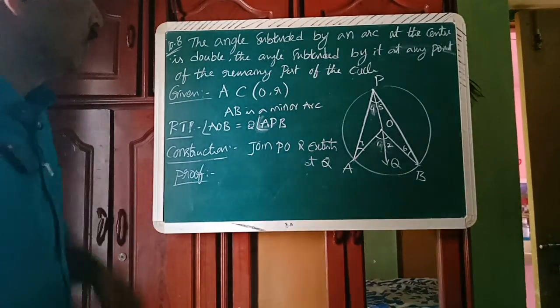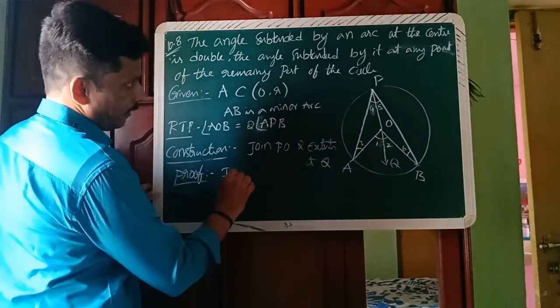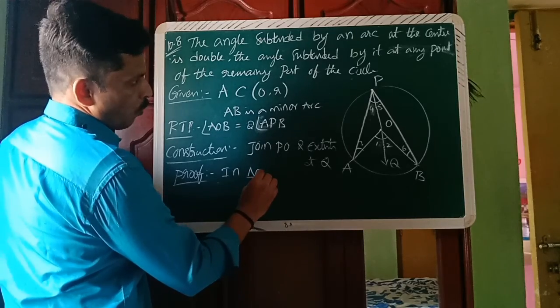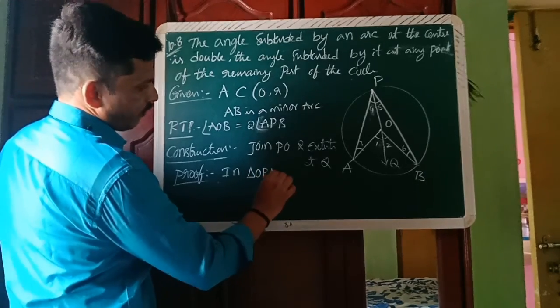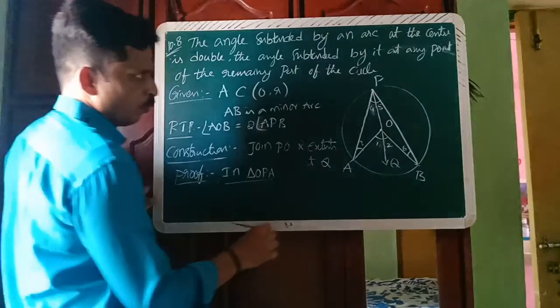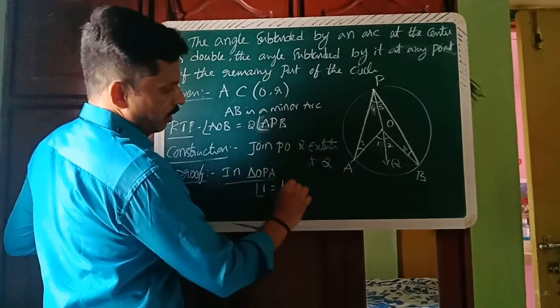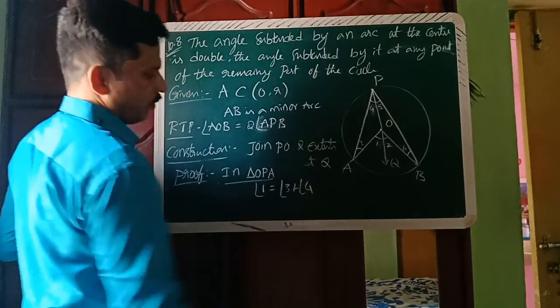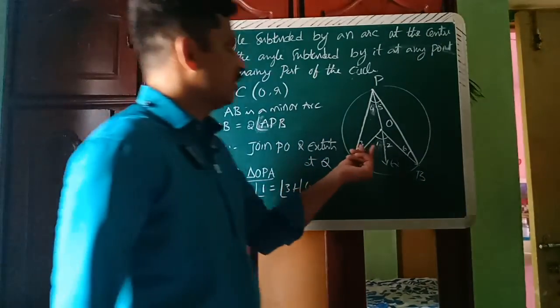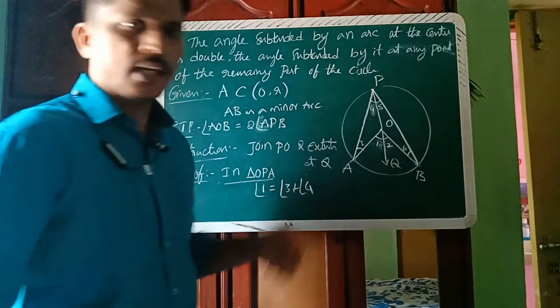In triangle OPA, angle 1 is equal to angle 3 plus angle 4, because angle 1 is the exterior angle of this triangle.